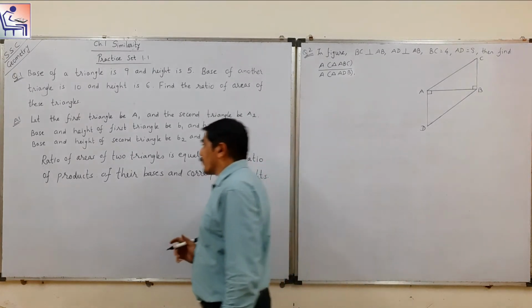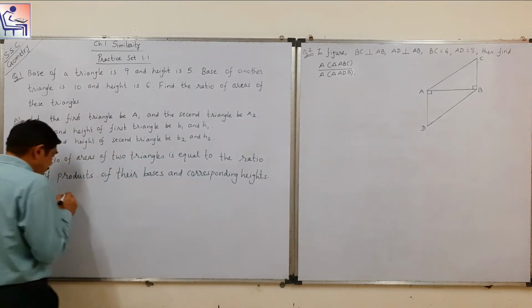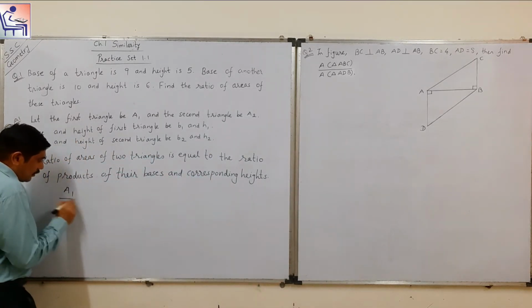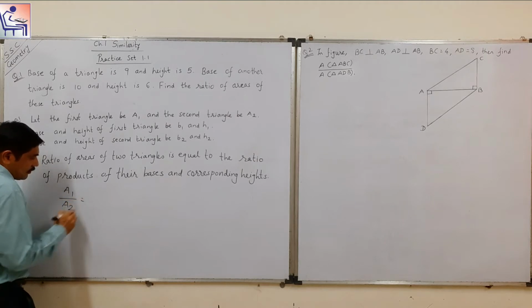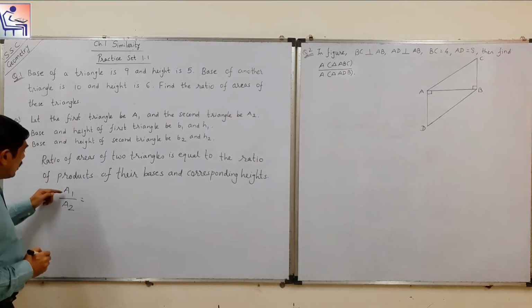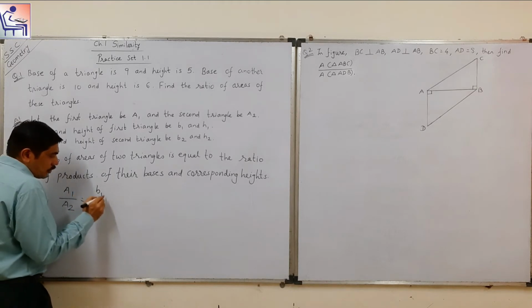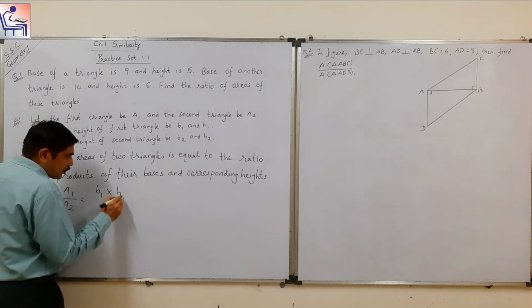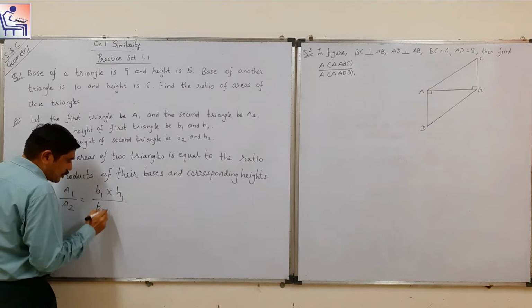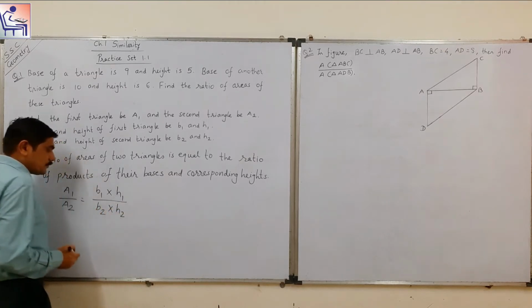Now we have to find out area of triangle 1 upon area of triangle 2, which is equal to B1 into H1 upon B2 into H2.